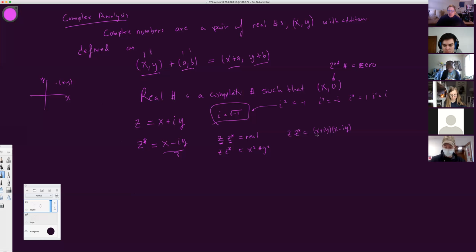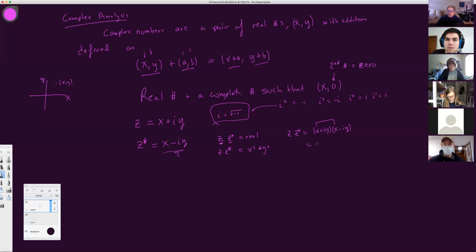Okay. And now we just do regular old multiplication with the rule that we know about i, that i squared is minus 1. It's a little bit of a construct, right, to make this multiplication of conjugates work in a funny way.